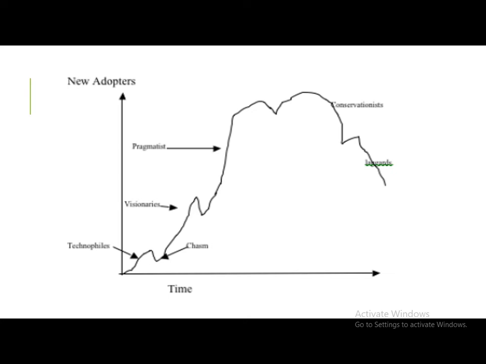To cross the chasm, Moore claims that the vendor of the innovation must pass through the first two segments, the technophiles and the visionaries. These are necessary because the whole product cannot be defined and developed until enough experience is gained. Then the vendor must find a beachhead or a foothold niche among the pragmatists on the other side of the chasm.